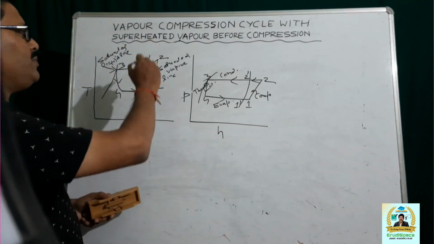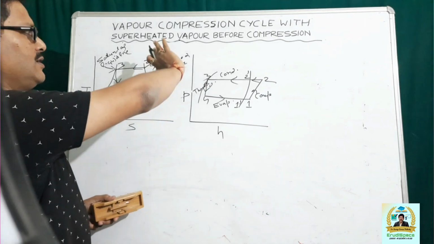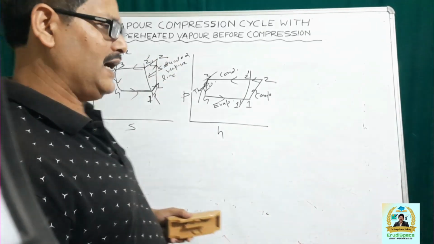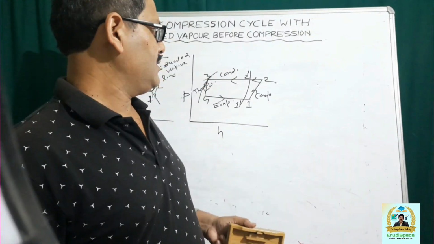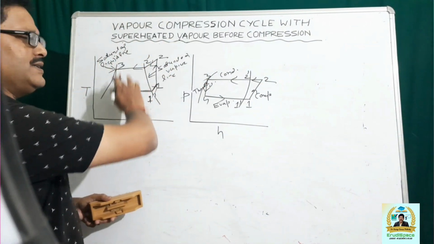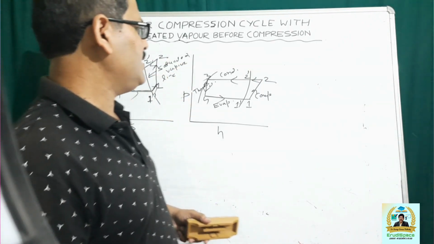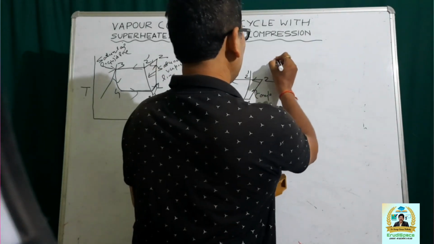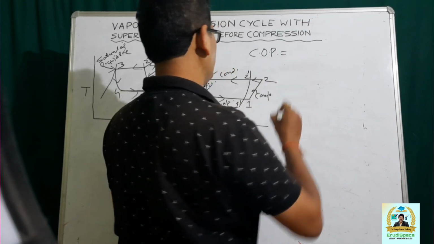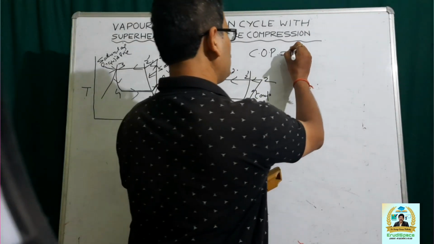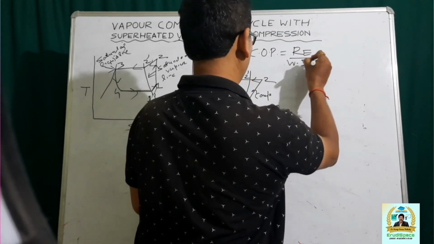So the work done will be the work done in compressing the refrigerant in the compression, and as far as the total work done, it is same as the work done in compressing the refrigerant in the compression. Now, what will happen to the coefficient of performance or COP? That will be the ratio between the refrigerating effect divided by work done.